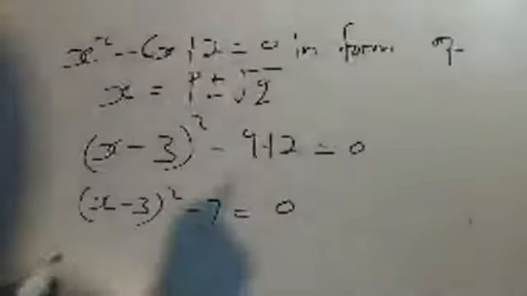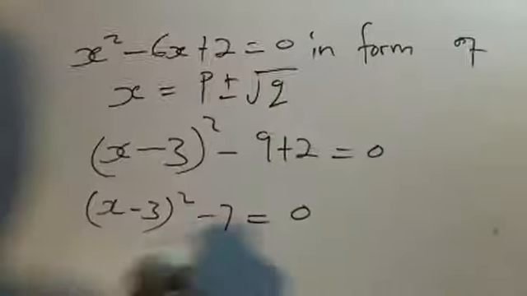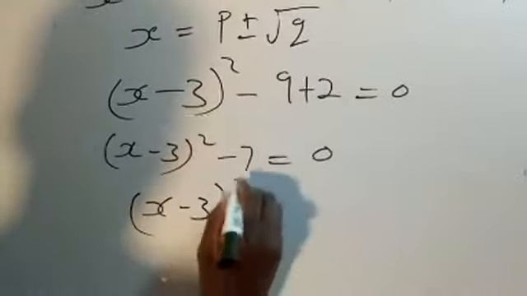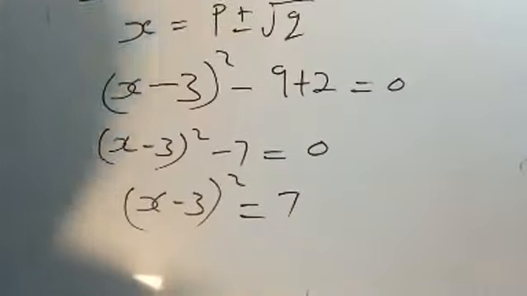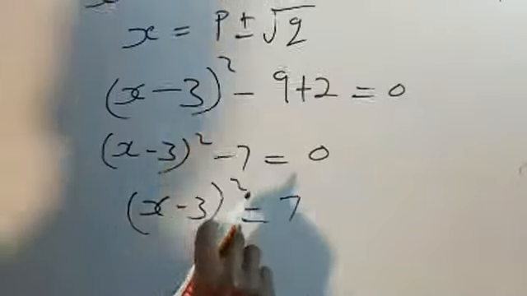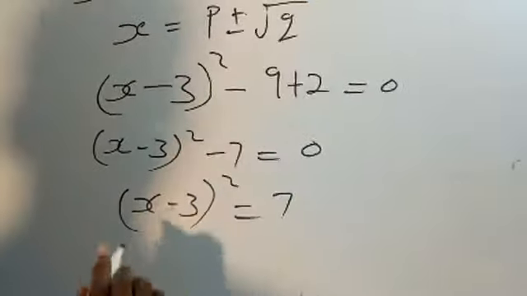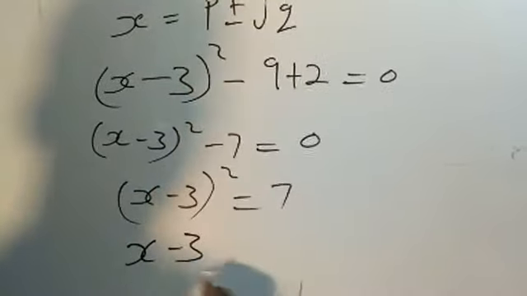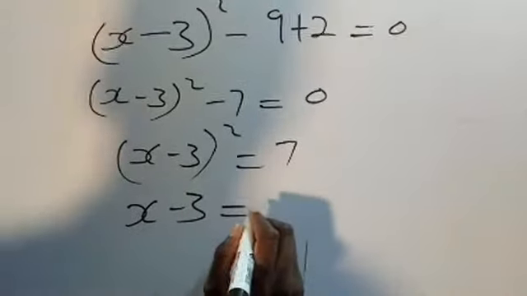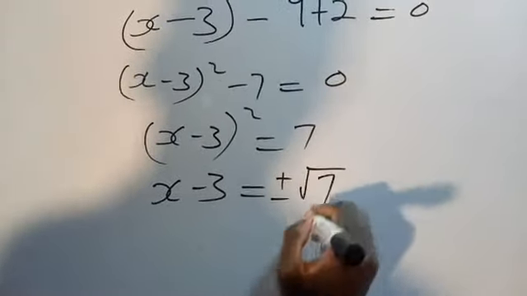But they have told us to make x the subject, so we take 7 to the other side, becoming x minus 3 squared equals 7. We need to take away this square, so we square root on both sides, becoming x minus 3 equals plus or minus root 7.